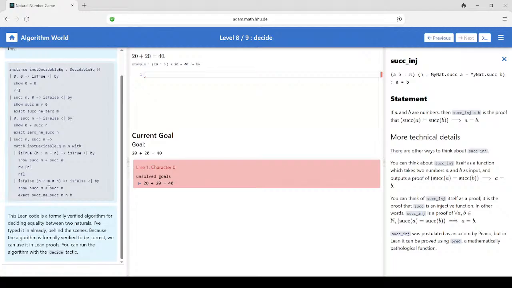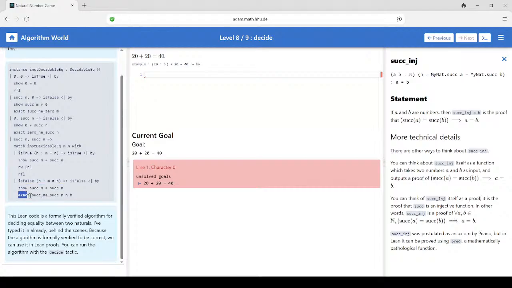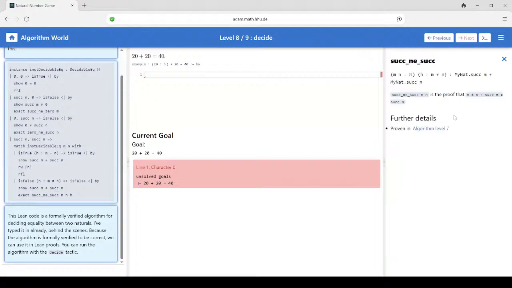And if it's false, we can prove that it is false because the successor of m does not equal the successor of n, and successor ne successor, which is our new one that we just proved. This Lean code is a formally verified algorithm for deciding equality between two naturals.